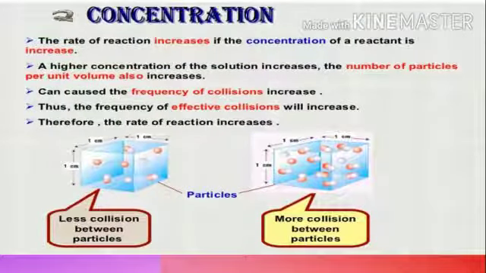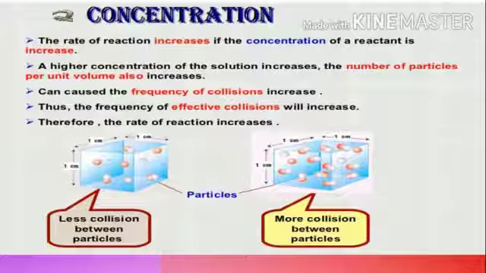The next factor is concentration of reactants. It has been observed that the rate of reaction decreases with the passage of time. As the reaction proceeds, the concentration of the reactants decreases. In the beginning, the reaction is fast as only the reactants are present, and the rate goes on decreasing as the reactants are used up.